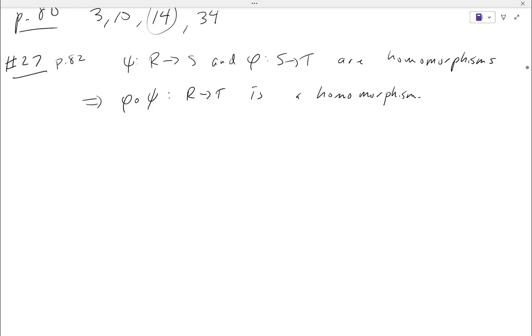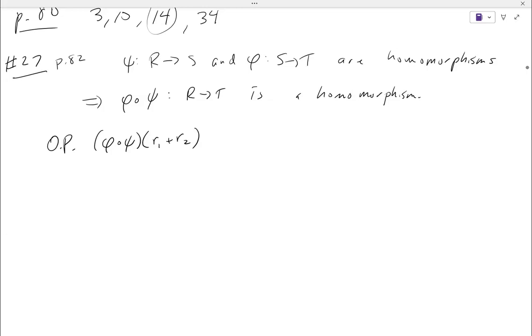For the operation preserving, we need to show that it breaks up over both sums and products. So if we start with the composition applied to a sum, I'll call the two elements that I pick in R just r1 and r2.